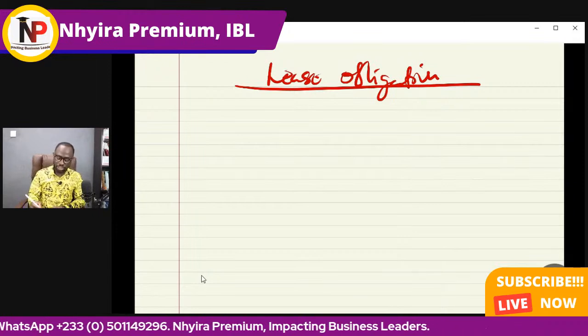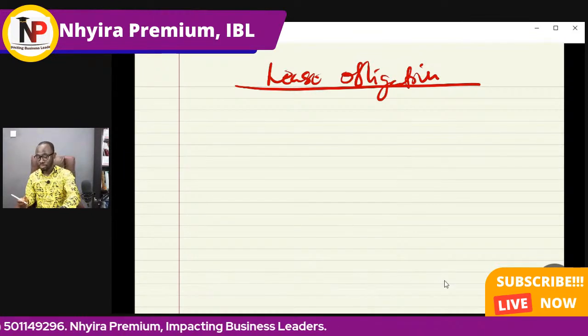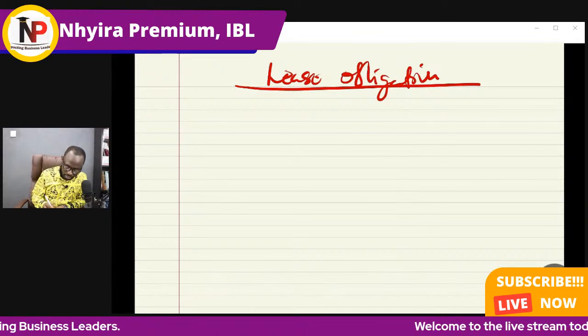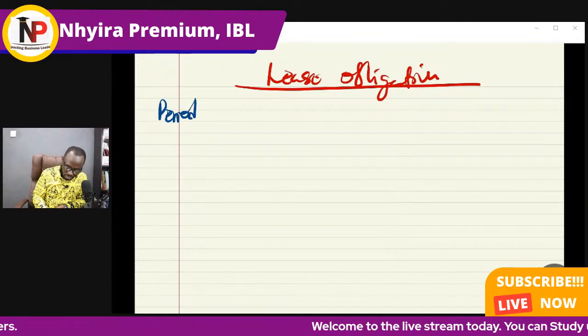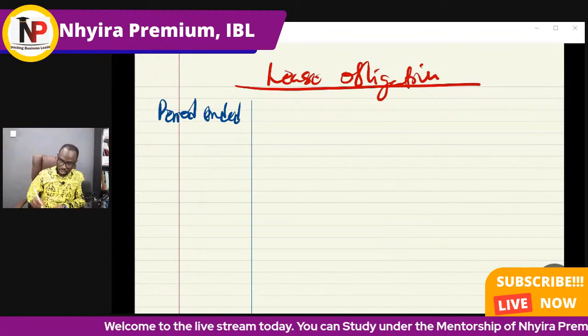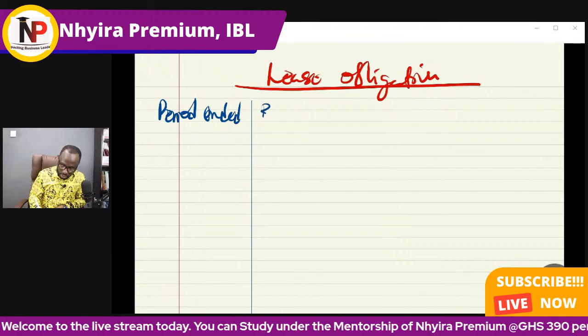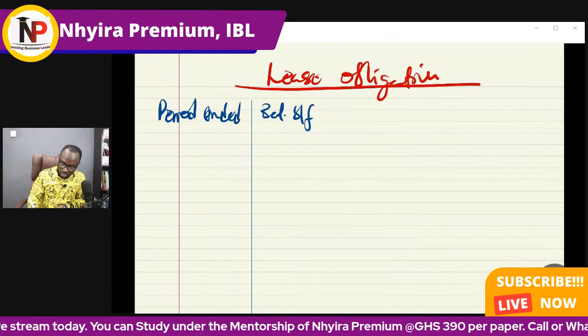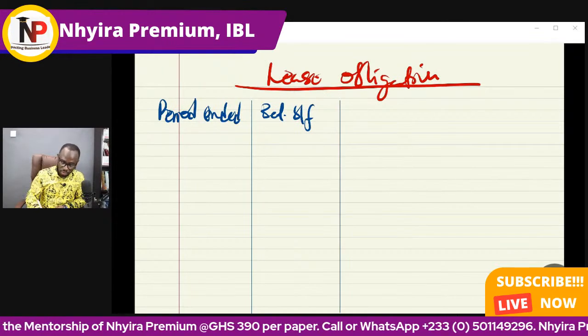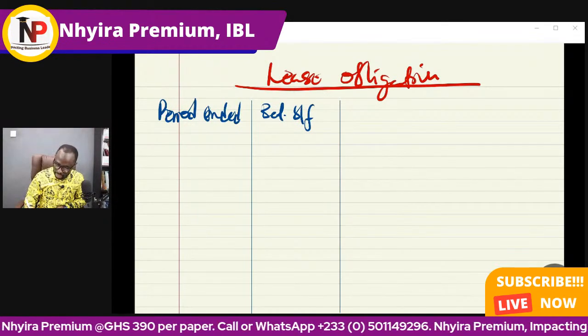So we're going to put our schedule up. We're going to bring our period ended. We're going to be bringing in the opening balance. We're going to be bringing in any lease payments.